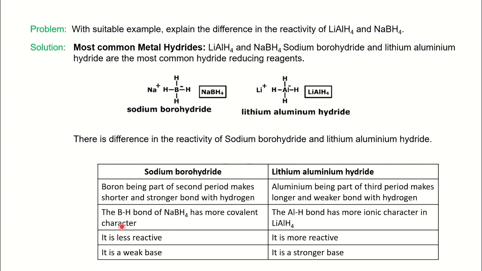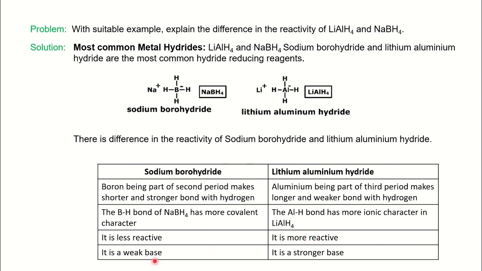We can also say that the boron hydrogen bond has more covalent character, and as you go down, the ionic character of the bond increases. So the aluminum hydrogen bond is more ionic, meaning a more polar bond compared to the boron hydrogen bond. Because of this, the sodium borohydride complex is less reactive, whereas with a more polar bond the hydride transfer is easy and therefore lithium aluminum hydride is more reactive.